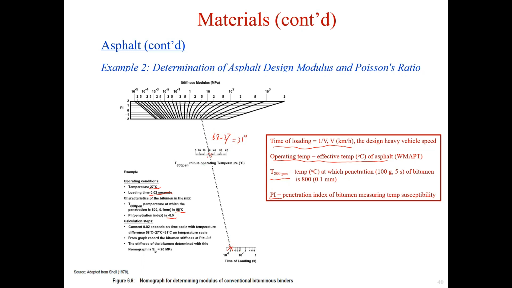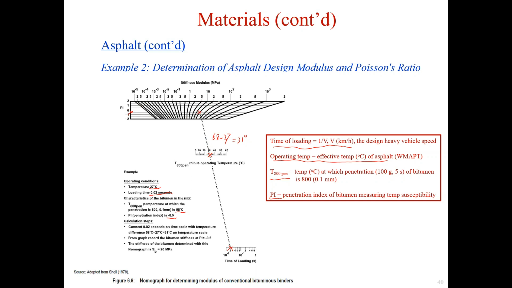So we read 31 here and connect 0.02 to 31. And then we extend the dashed line to intersect with the lines of stiffness modulus with PI of negative 0.5. So it's here, negative 0.5 here.